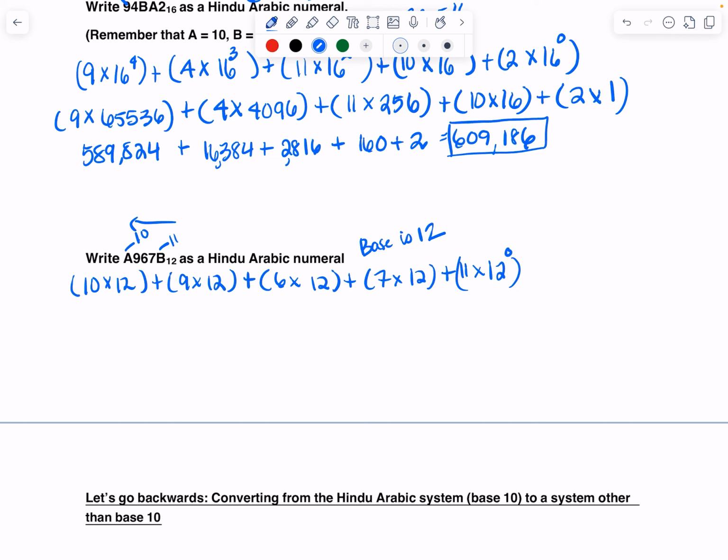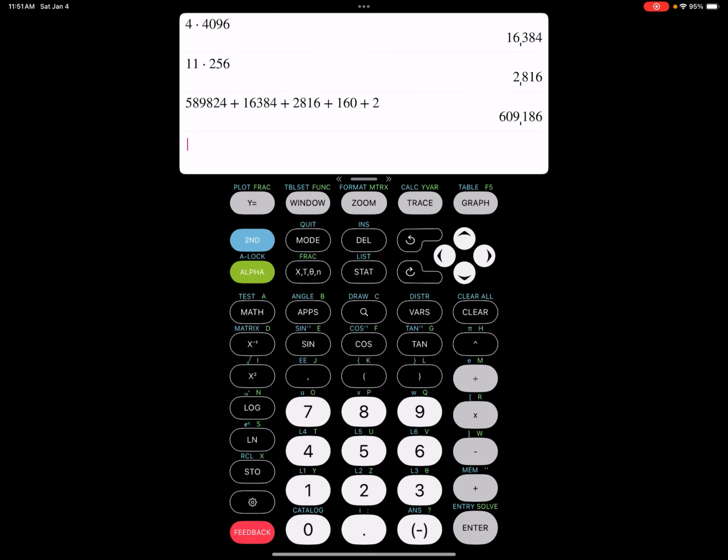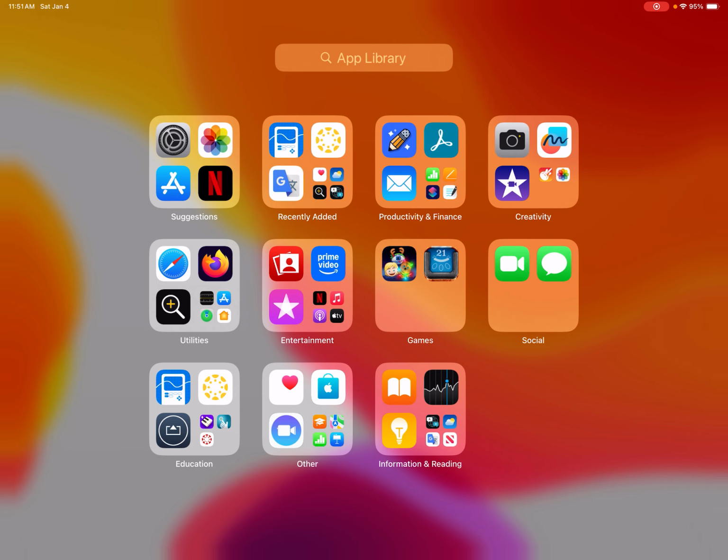This is going to be 12 to the 0, 12 to the first, 12 to the second, 12 to the third, 12 to the fourth. Okay, so we've got to figure out what 12 to the fourth is. So 12 raised to the fourth power is 20,736.